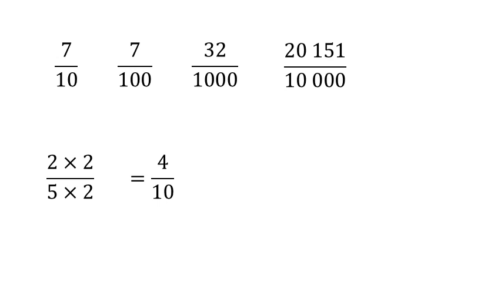So we say that the fraction 2 over 5 is a decimal fraction because it could have a denominator of 10, 100, etc. Let's have another example. We have 9 over 4. Apparently it does not have a denominator of 10, 100, etc. But it could be.